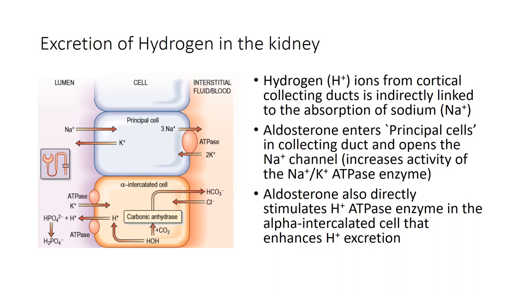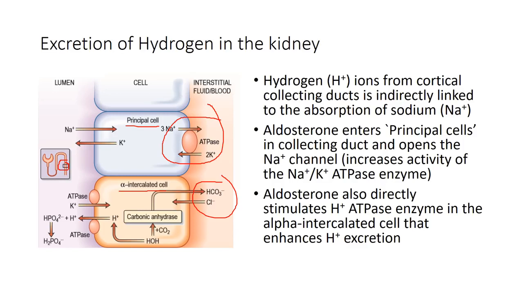Another thing the kidney does is excrete excess hydrogen. This is in the collecting duct of the kidneys, and you get two different things going on. In the principal cell, one of the cells in the collecting duct, you have an exchange of sodium for potassium. In the alpha intercalated cell, you have exchange of chloride for bicarbonate.